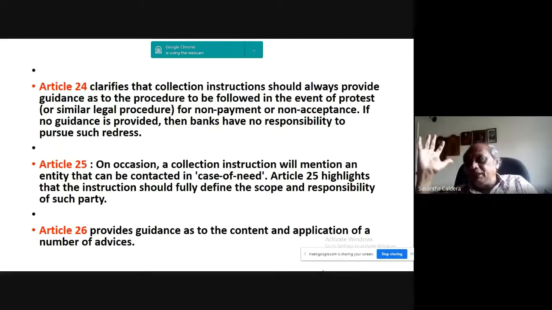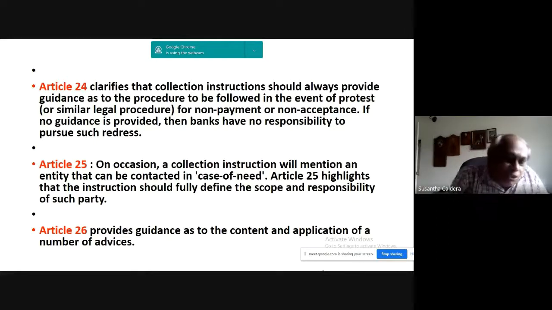He is a completely outsider. So he will inform the principal, look, this guy is not coming to the bank. Please instruct the remitting bank for the instructions, if that's the case.